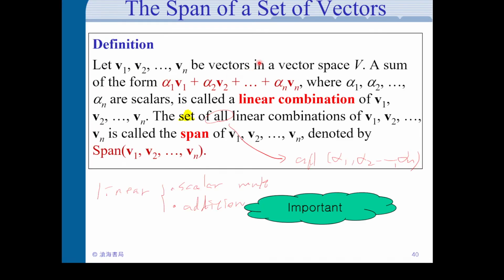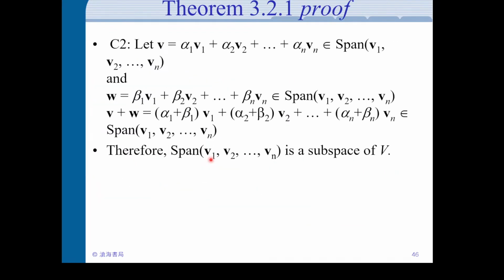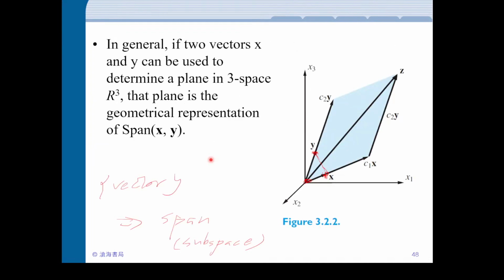Before, we defined the span of a set of vectors: from a set of vectors, you can find the span, which is the set of all linear combinations. As we said, from a set of vectors, you can find a subspace, which is just this span. By this definition, the spanning set is a little bit different.